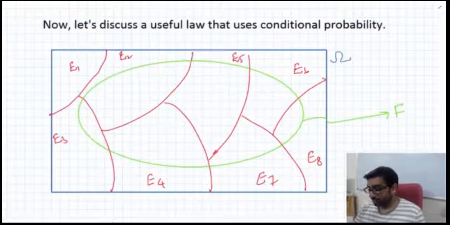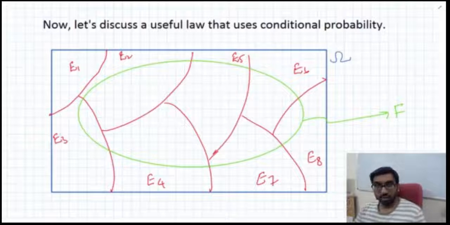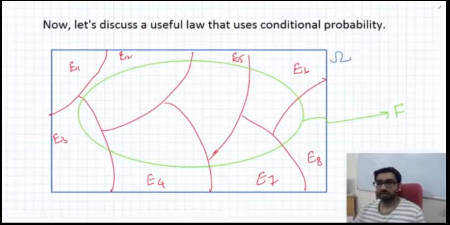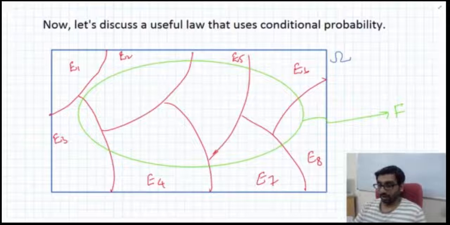Okay, now let's talk about an interesting and useful law that uses conditional probability. This law is useful in the context where we are interested in understanding the probability with which a particular event F occurs, but it occurs in somewhat of a complicated sample space, and we don't have quite a handle on the event F, but we have a way of partitioning the sample space into lots of different events, E1, E2, and so on.